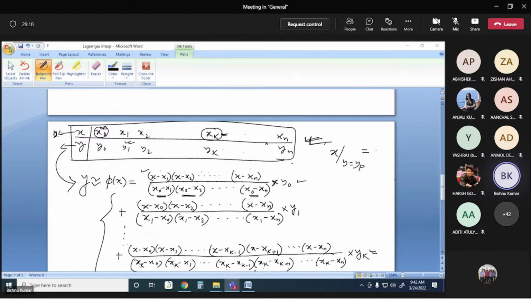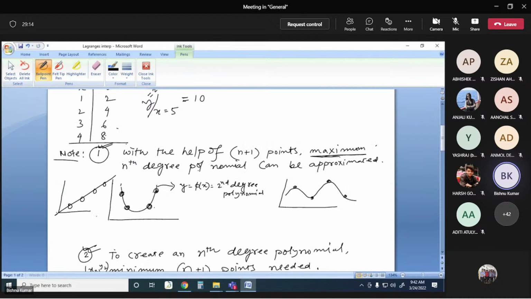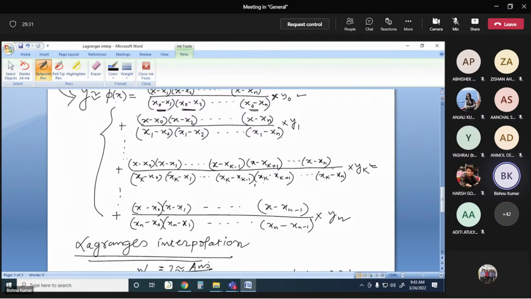And one important thing you may ask, suppose you do have lots of points, suppose 4 points. This type of 4 points you do have. And you are going to establish the Lagrange's interpolation. And those 4 points are lying on a straight line. So obviously with the help of 4 points, initially you have to write the structure of the cubic polynomial, means 4 terms you have to write.